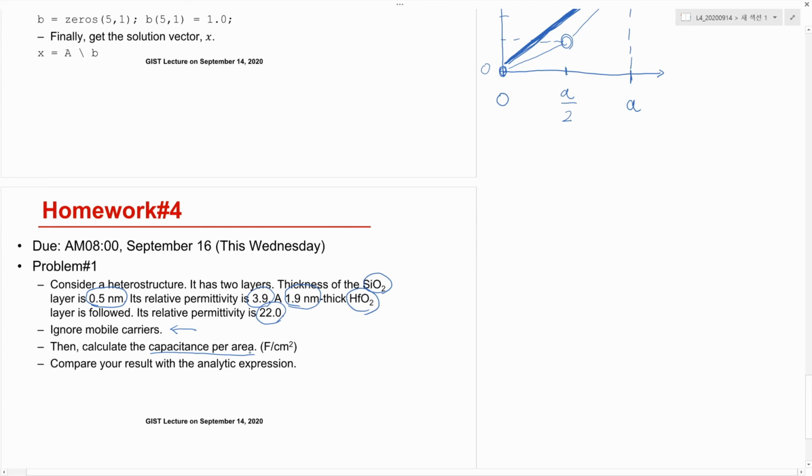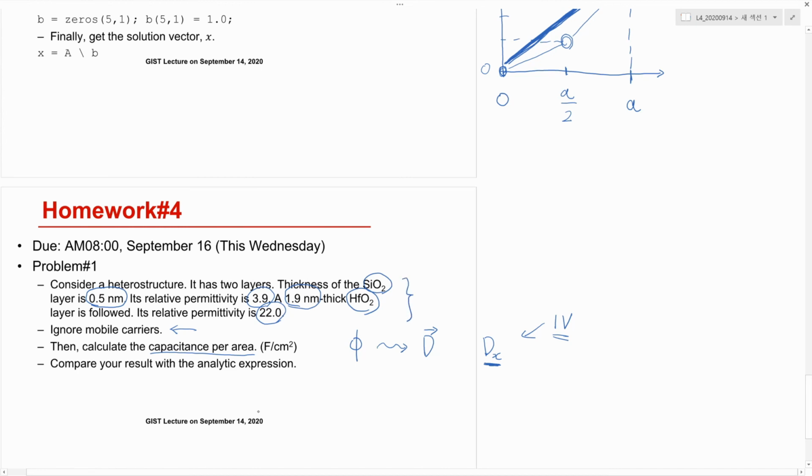And when you make your potential distribution, from the potential distribution you can calculate the value of the D vector's x-directional component, and from this D and from your applied bias voltage of 1 volt, you can calculate the capacitance per area, and you have the analytic expression for it, which can be easily calculated from these conditions.